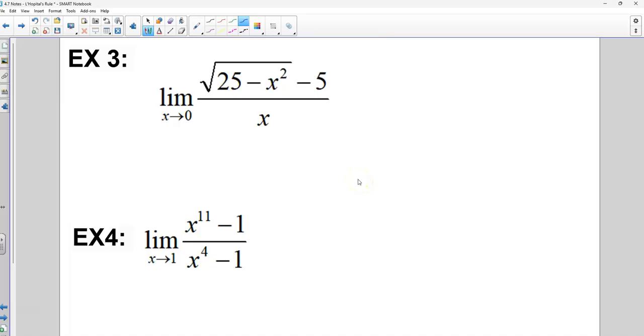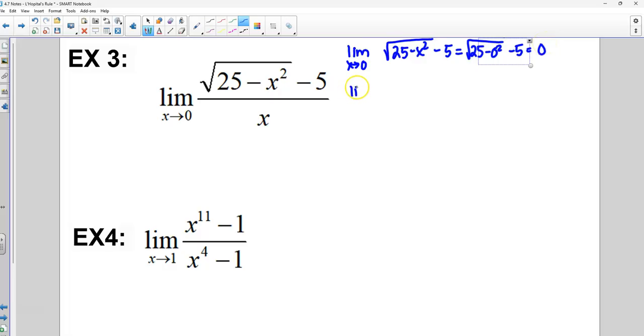So a new option. Now, I'm going to do one more where I treat it like an FRQ. The limit as x approaches 0 of the square root of 25 minus x squared minus 5 is going to be the square root of 25 minus 0 squared minus 5, which is square root of 25 minus 5, which just gives you 0.